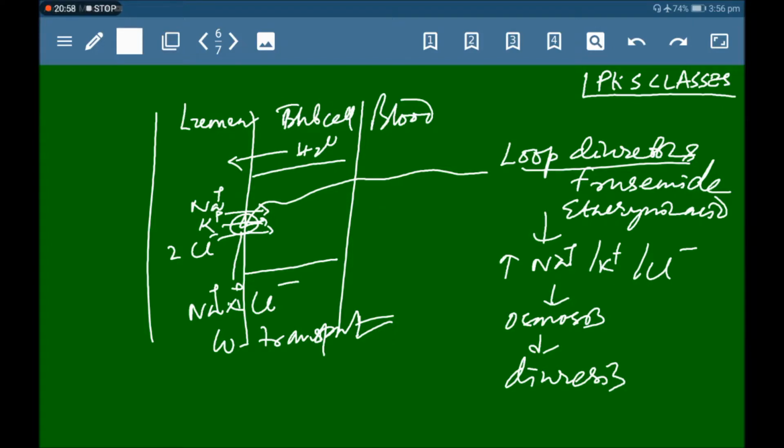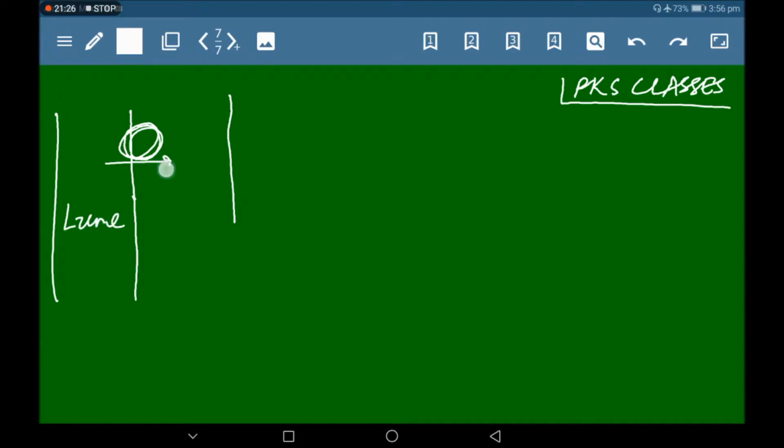The same thing happens in the case of thiazide diuretics. There are only two ions here, so this is the lumen, sodium and chloride. This is the tubular cells, and here you have the blood.